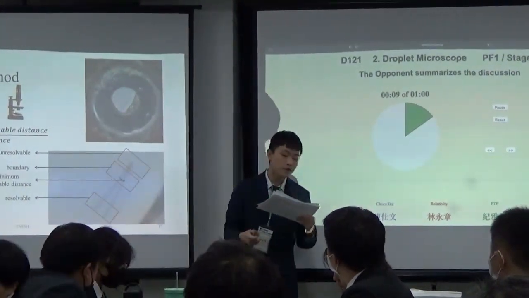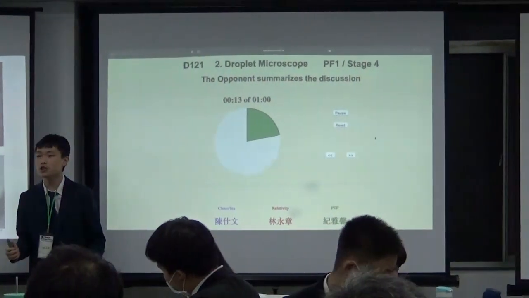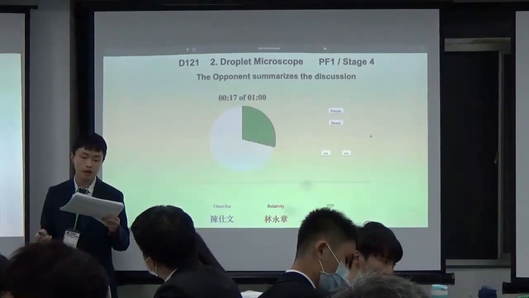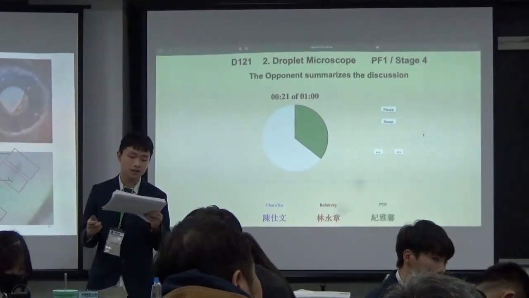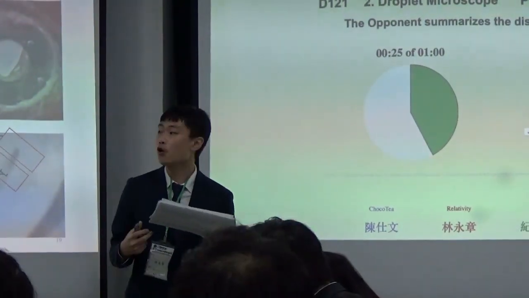Okay, so for the summary of the report, we firstly discussed the boundary conditions of the lens maker formula and calculated the curvature. Secondly, the theorem we discussed about diffraction, which used an Airy disk.